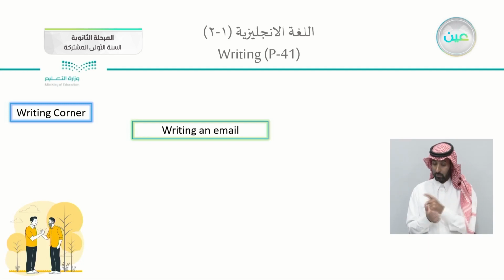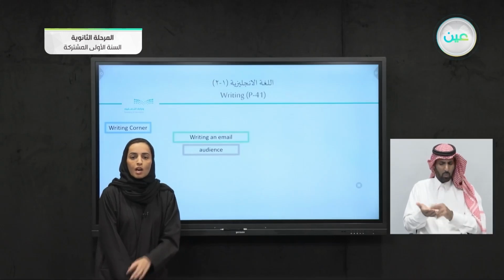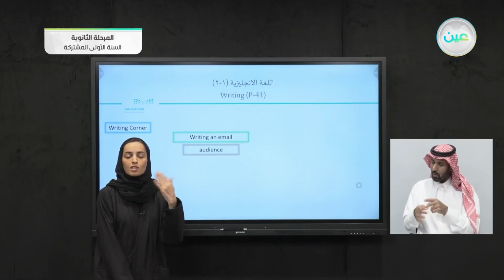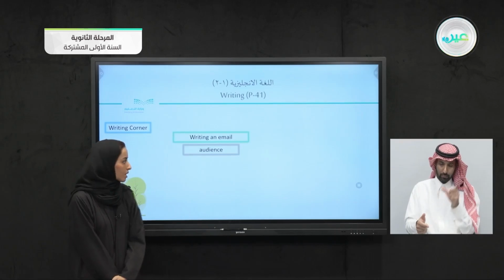So when you are writing an email, the thing you have to consider is your audience. Who are you writing to? Are you writing to your teacher, to your parents, or to a friend? This is going to make a difference between both emails.